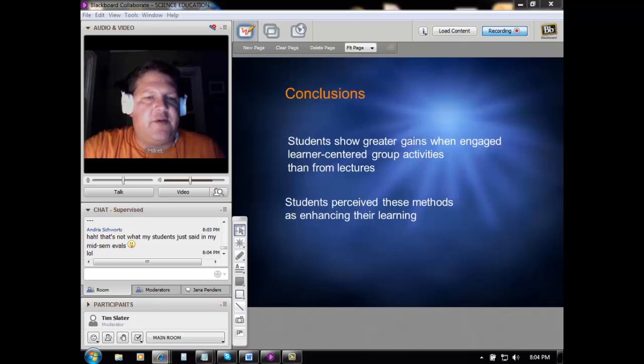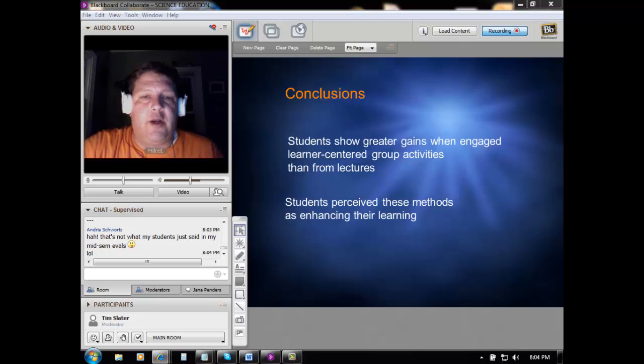So I really wanted to rigorously, with the solar system activities, which I felt needed to be developed and tested, see if students do better when they're doing these things. And I really think statistically we can draw conclusions, although some of the statistics were stronger than others.